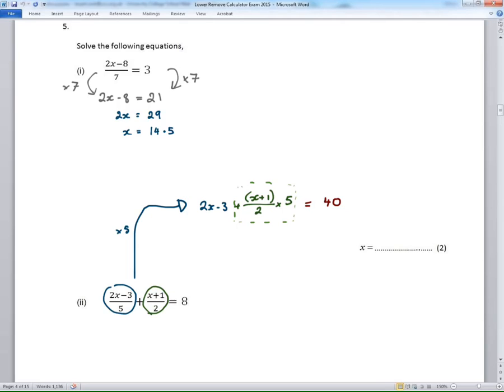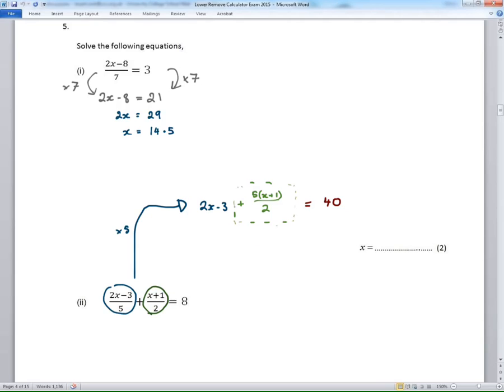We know multiplying by fractions: timesing by 5 is the same as timesing by 5 over 1. We can times the numerators together and the denominators together. Timesing the numerators together leaves you with 5 brackets x plus 1. Timesing the denominators together just leaves you with 2. So that is that second term multiplied by 5. You can just write it as 5 brackets x plus 1 all over 2, like that.